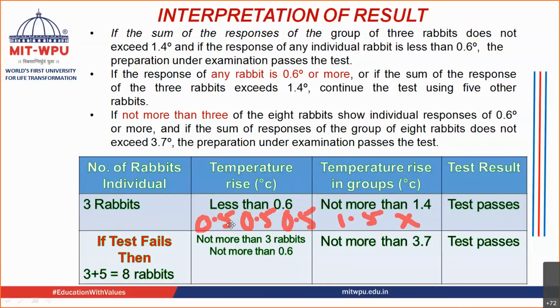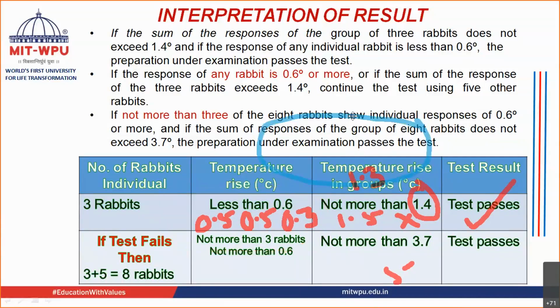If it is 0.5, 0.5, and say over here it is 0.3, then the total is 1.3, isn't it? Then it is satisfying the first condition, and it is satisfying the second condition also. So the test passes. Are you understanding?